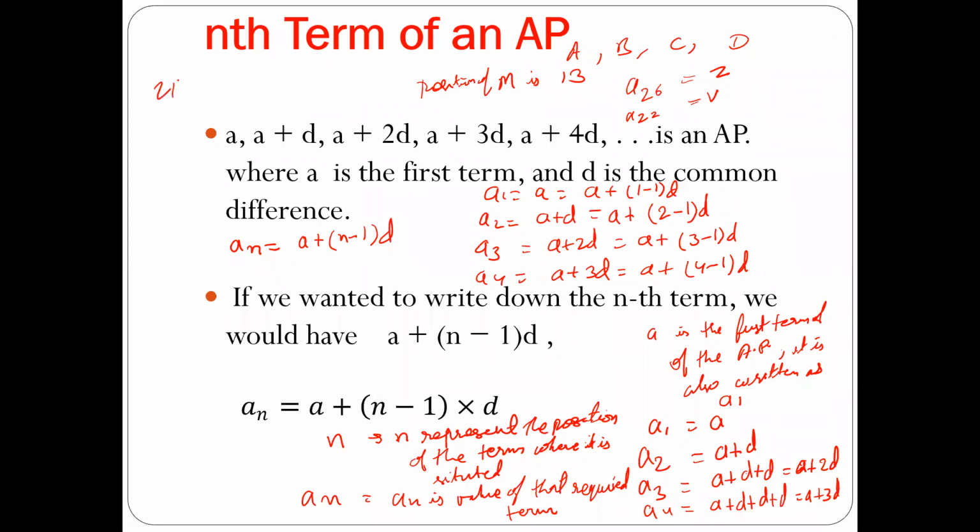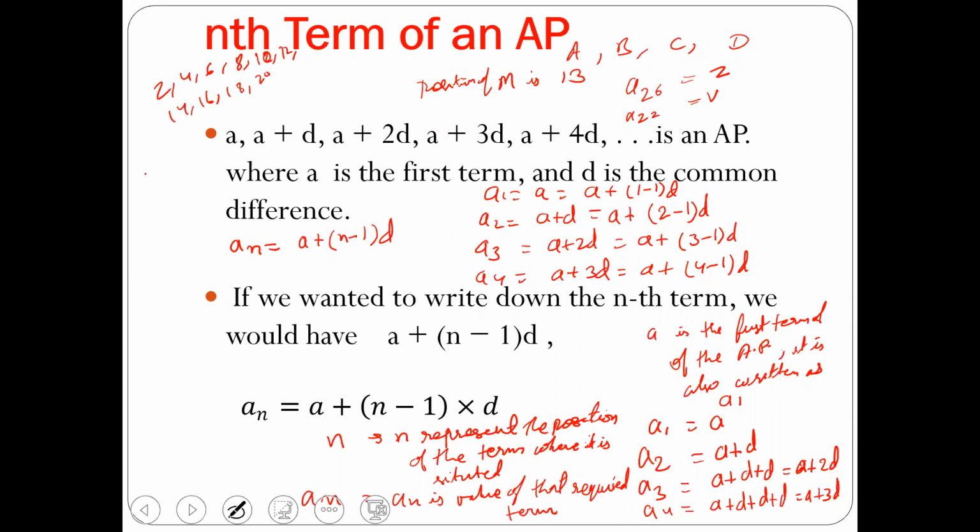Look here, 2, 4, 6, 8, 10, 12, 14, 16, 18, 20. On the first position 2, fourth position 8, 10th position 20. So what is at the 30th position, which value is present?